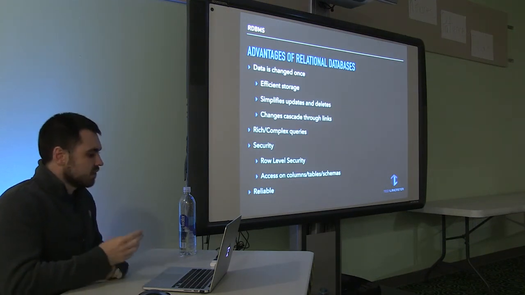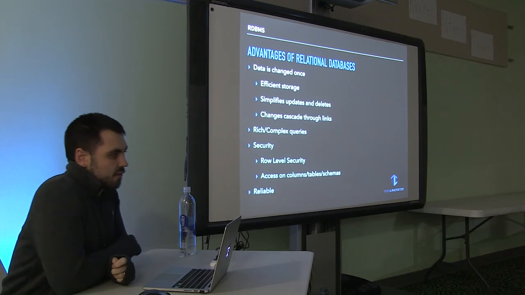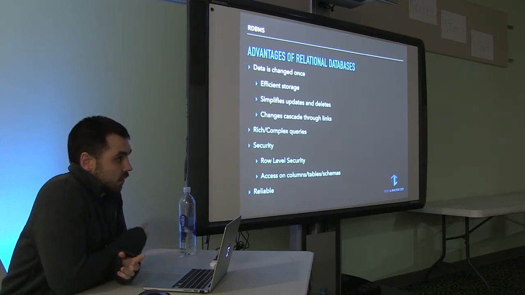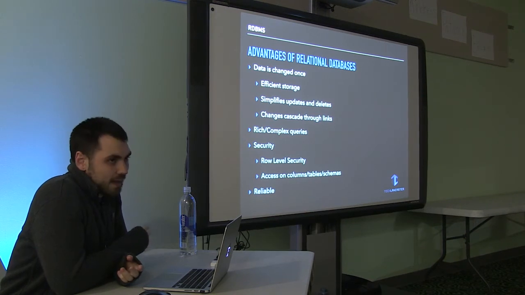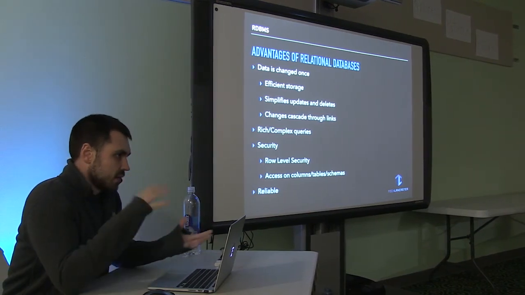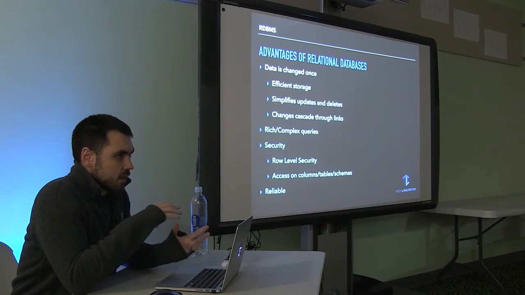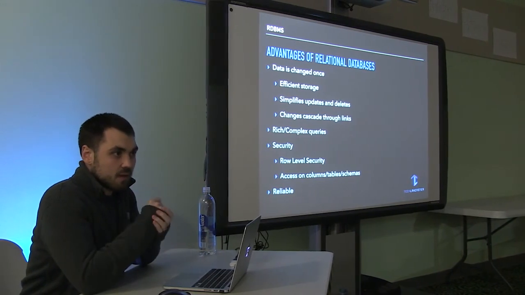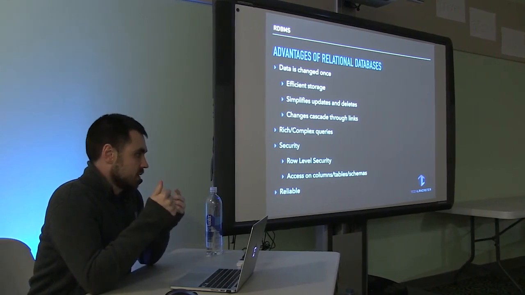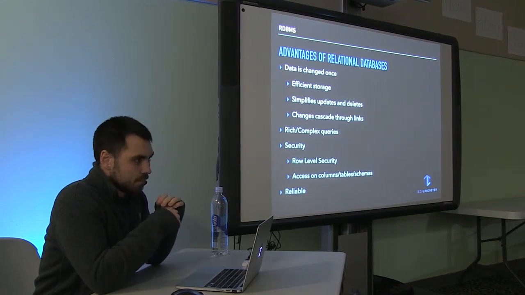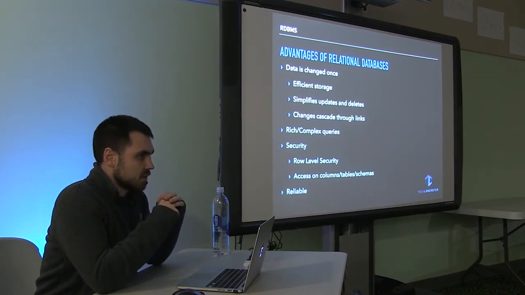Some of the advantages of a relational database is that because we can write SQL queries that are very complex, the data only has to be in one place. We can combine our tables and access the data without having duplicate copies of that data. That's important because it's efficient for our storage. It simplifies our queries. Updates and deletes only have to update the values in one place.